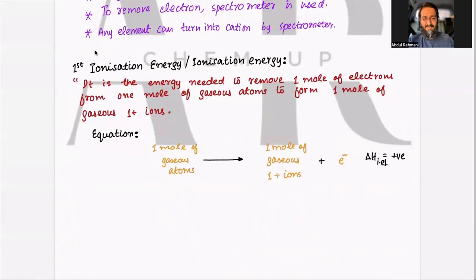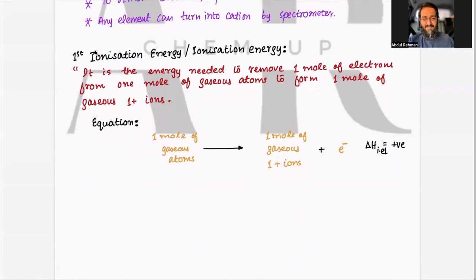So for example, for the first ionization energy equation for chlorine, I'm going to write Cl in the gaseous state, then an arrow, and then Cl+ in the gaseous state, and then an electron.